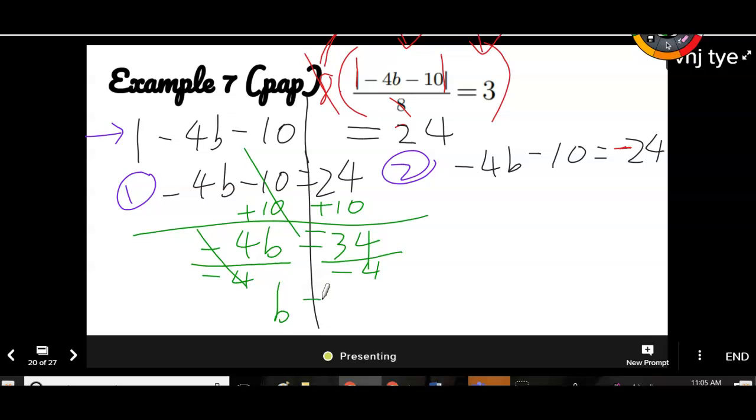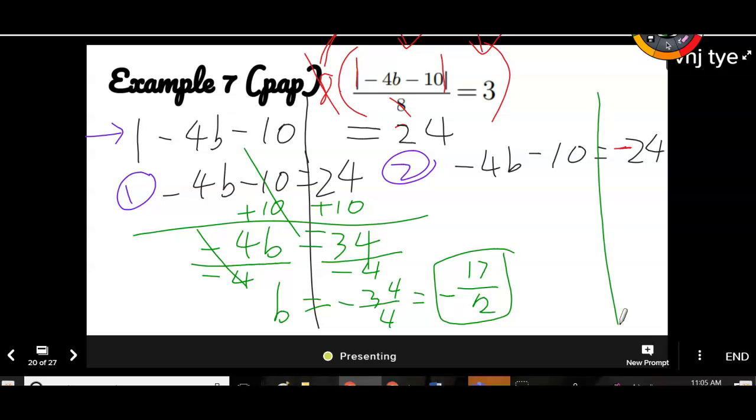So you have b equals -34/4, and both of them can be divided by 2, so keep simplifying it. So this is your simplest result. Okay? For the second equation, you solve it the same way. First add 10, then divide by -4. I'm not going to solve it. I'm going to give you the result, which is 7/2.